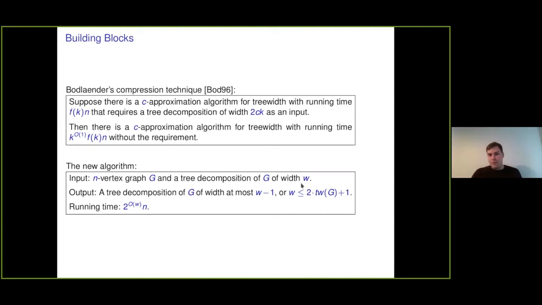So it either improves the input tree decomposition, or decides it's already good. The running time is single exponential in w and linear in n. But by this Bodlaender compression technique, we can assume that w is like 4k plus 3.